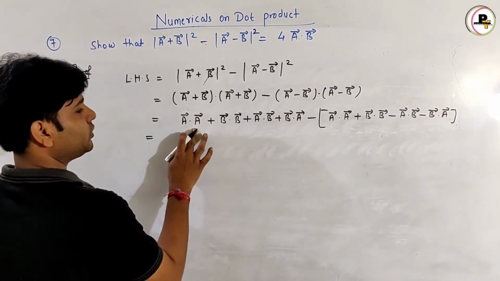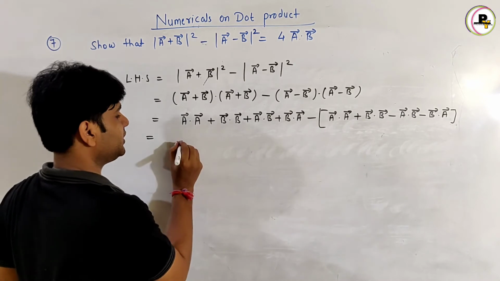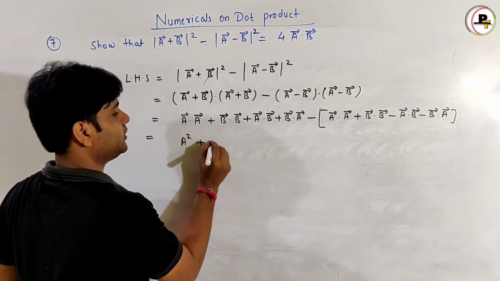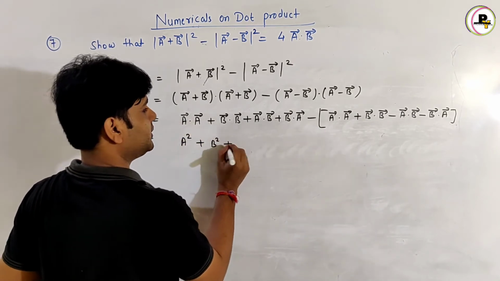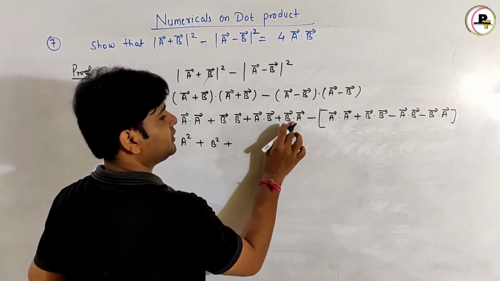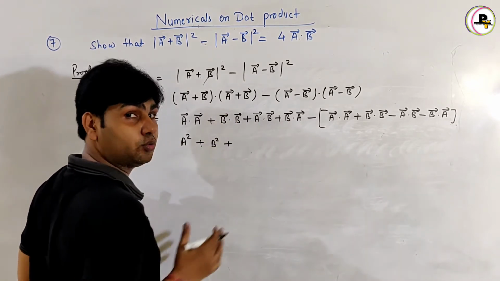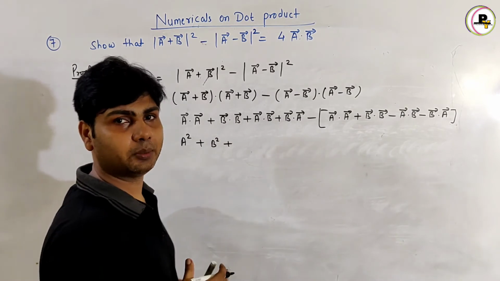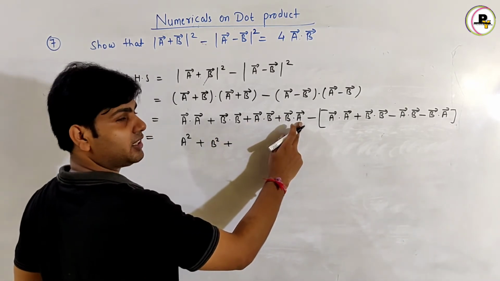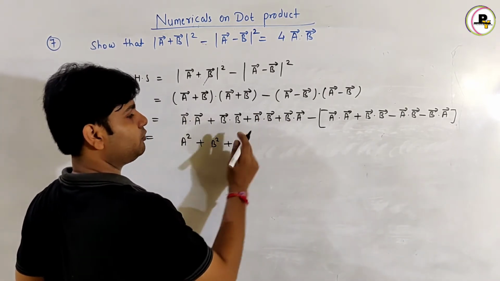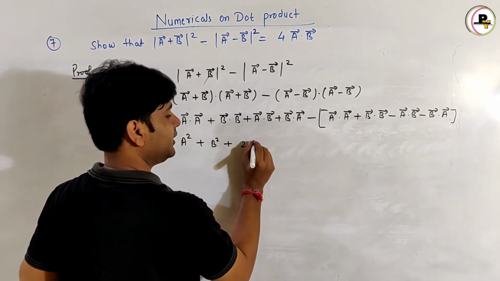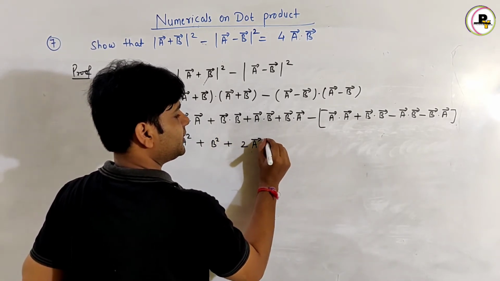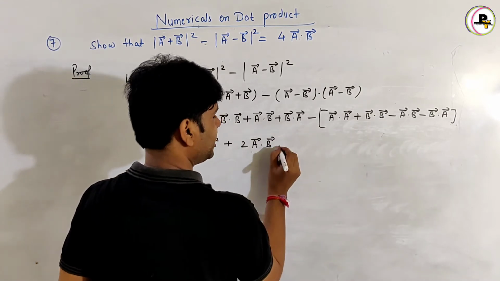and therefore it is equal to what? This is self dot product, therefore it is square of a plus square of b plus this value is what? This b vector dot a, as I know the properties of the dot product, it obeys the commutative law. So b vector dot a vector is a vector dot b vector, therefore these two values can be added and I get a vector dot b vector, and if I open the bracket, then I get what?